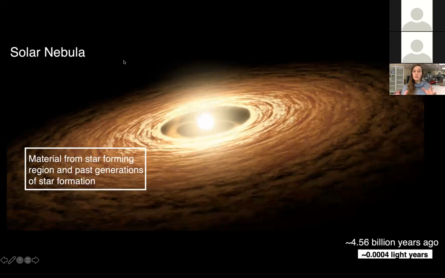So let's zoom out again to the big picture. We're still at more than 4.6 billion years ago, but this is a representation of the solar nebula in which our solar system was created. The solar nebula collapsed into a disk out of a pocket of a molecular cloud.